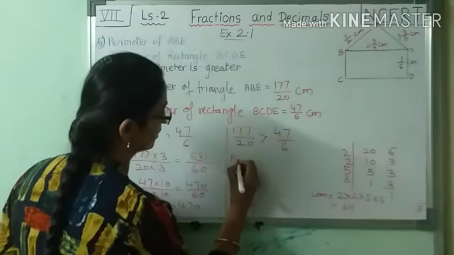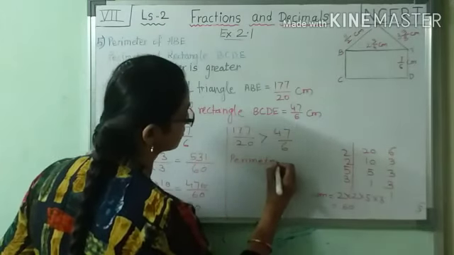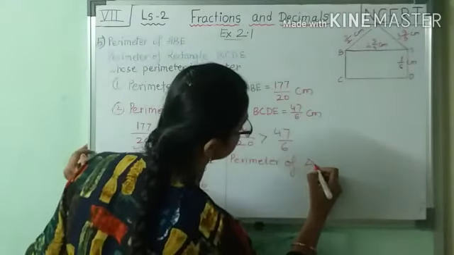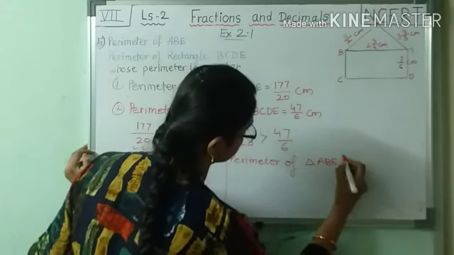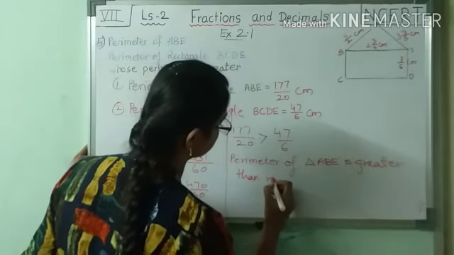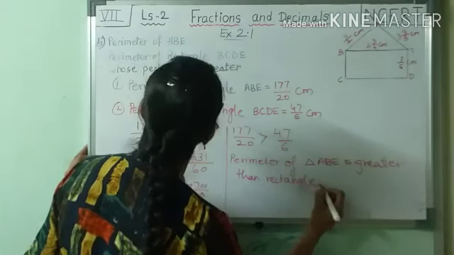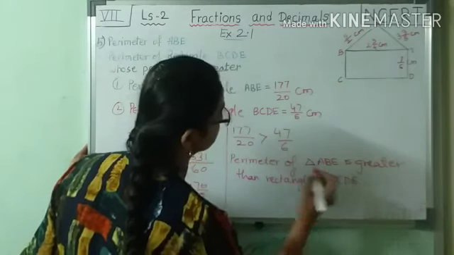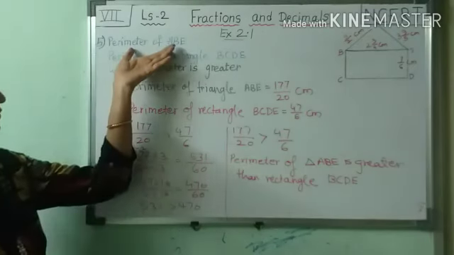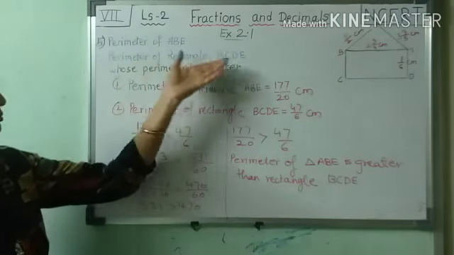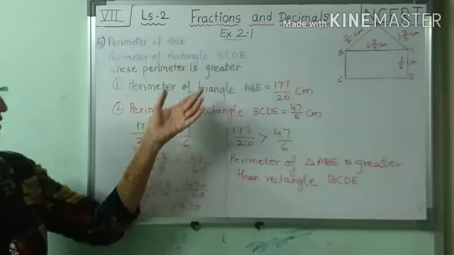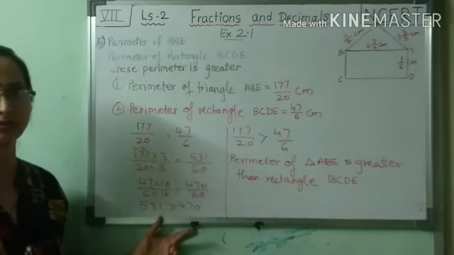That is, the perimeter of triangle ABE is greater than that of rectangle BCDE. That's how we solve this sum. First of all, we find out the perimeter of ABE, then the perimeter of BCDE, then we take the values of these two perimeters and compare these values. Is that clear?